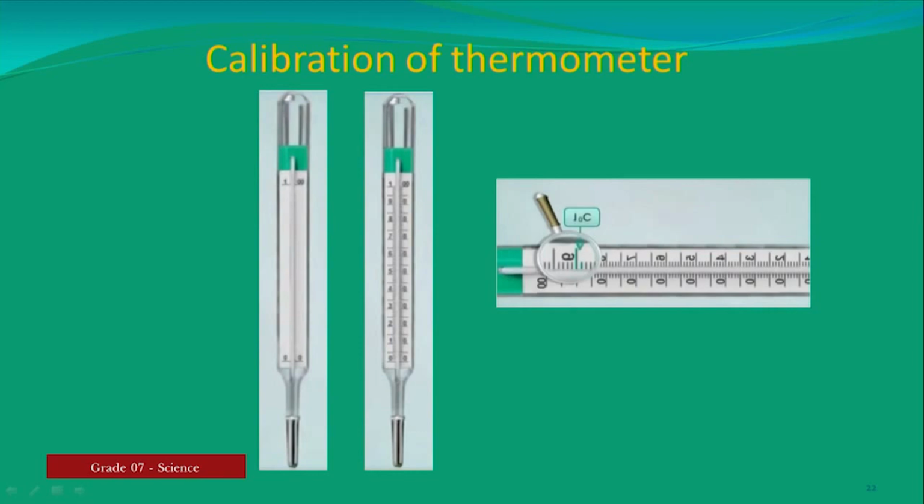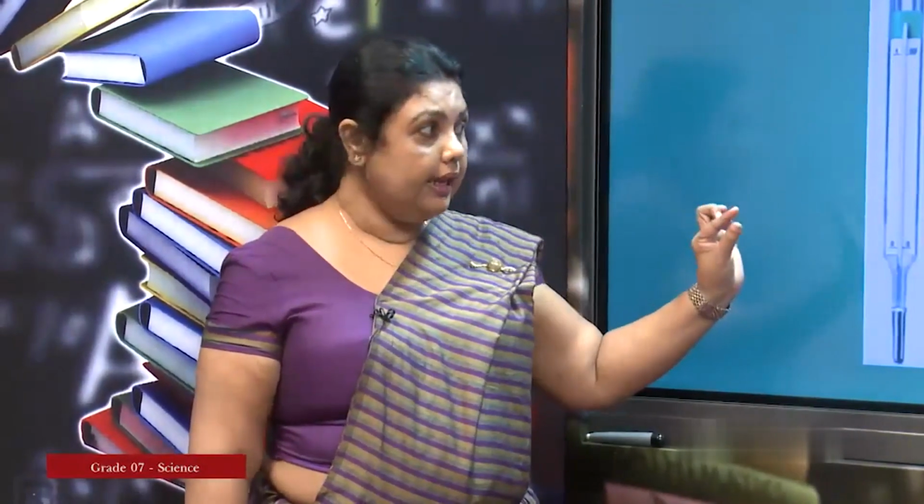So, each line, look at this, each line shows 1 degree Celsius. So, easily you can take the thermometer and measure with the help of this scale where the liquid has stopped.